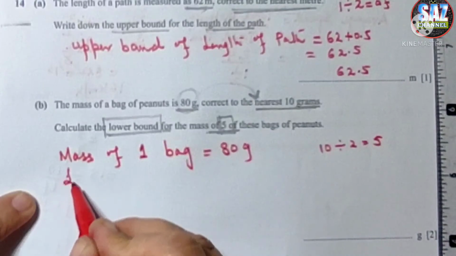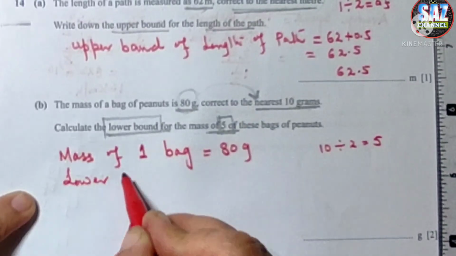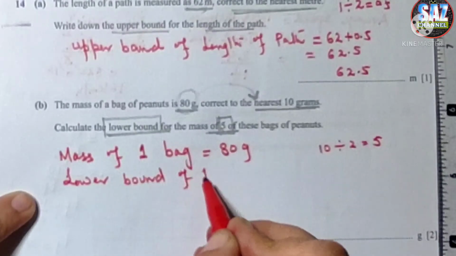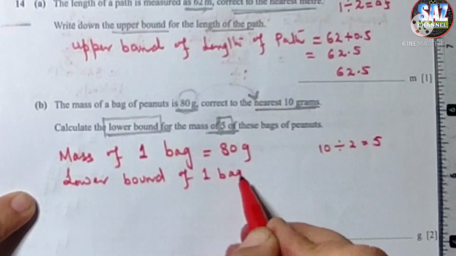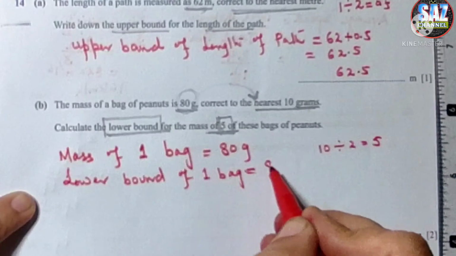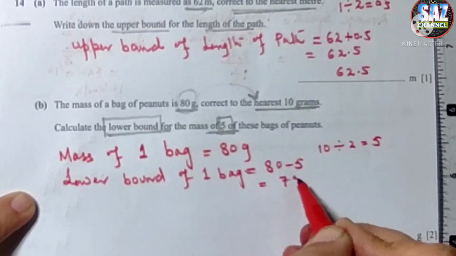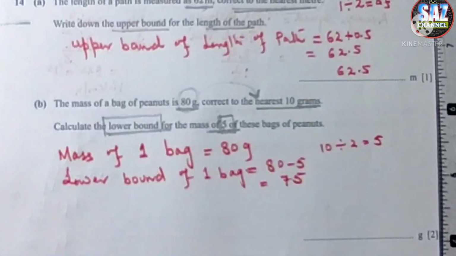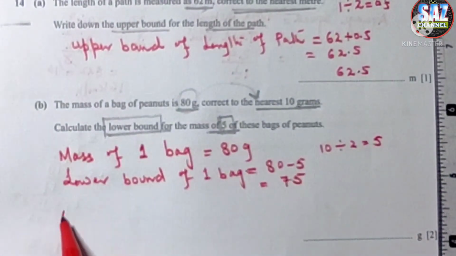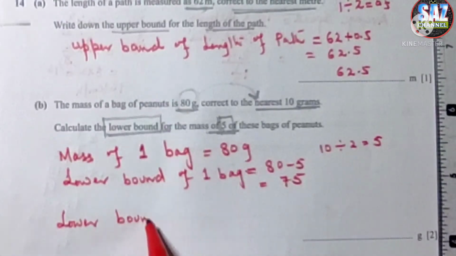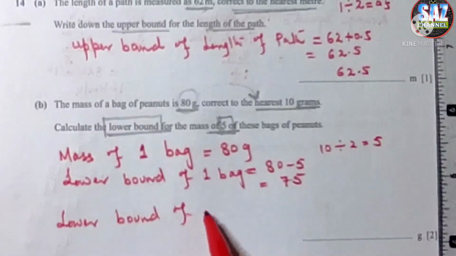Lower bound of one bag is 80 minus 5, which is equal to 75. And now the lower bound of 5 bags.